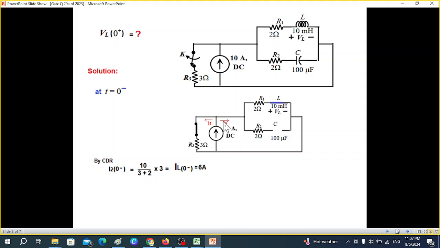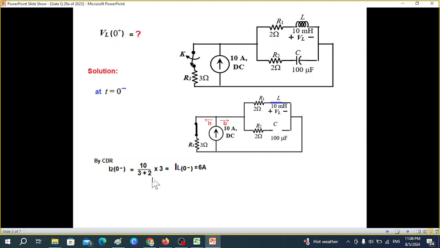Okay, so first of all, we need to find I2 by CDR, current division rule. I2, we will call it I2(0-) because we are at t equals 0 minus. So this will be the total current 10 divided by total resistance. So this is one resistance 3 and this is another resistance 2.